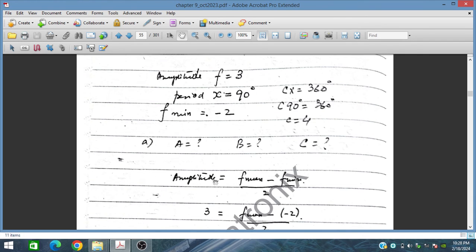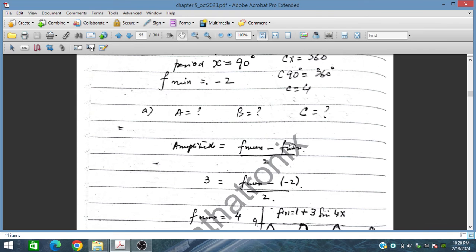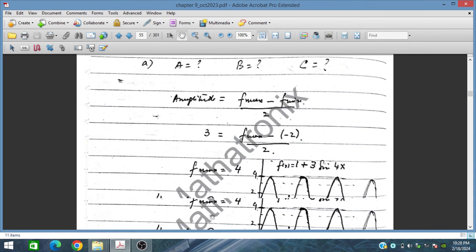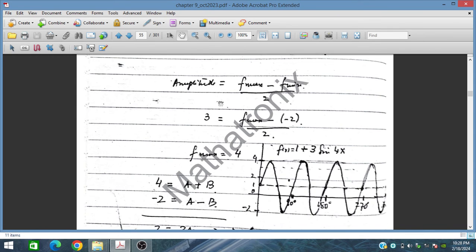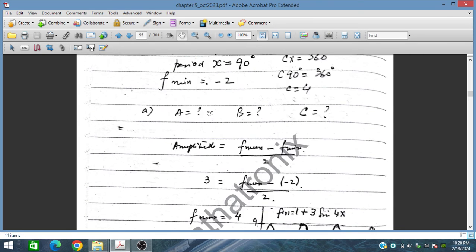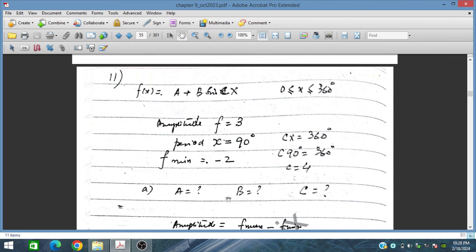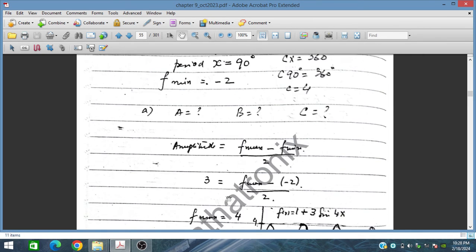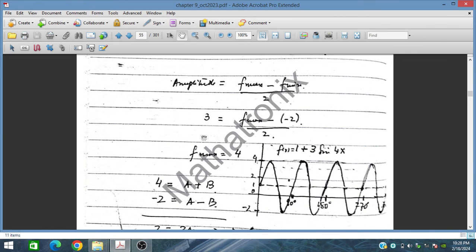So f amplitude relates f max and f minimum value. Since f minimum is -2, f maximum can be obtained by this relation. Amplitude was 3, so f max is 4.